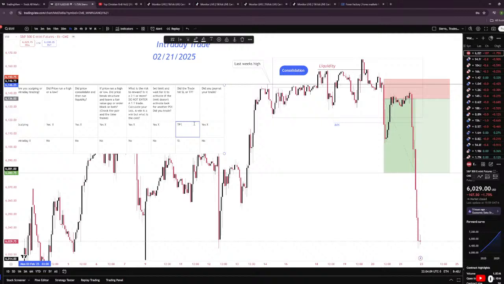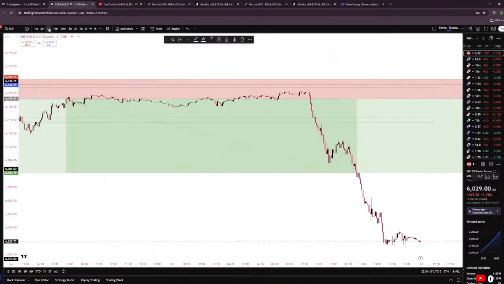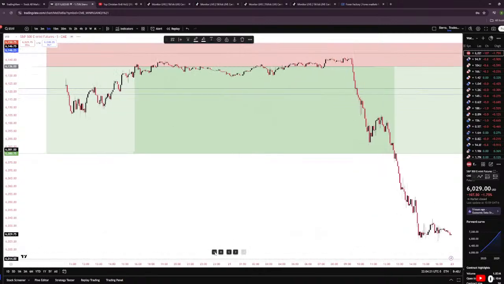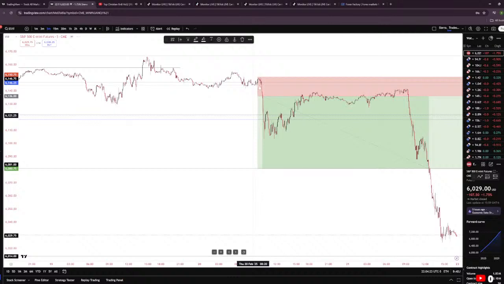I actually entered another position this morning. So I entered this one yesterday right there, and then this morning I saw that price was continuing to come up, and I found price at this fair value gap right here.